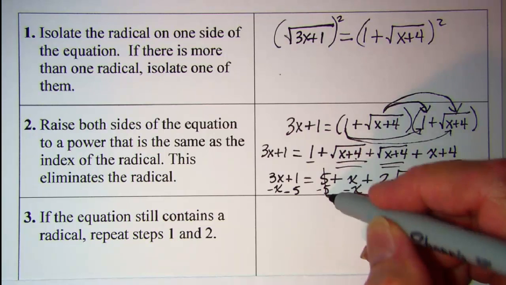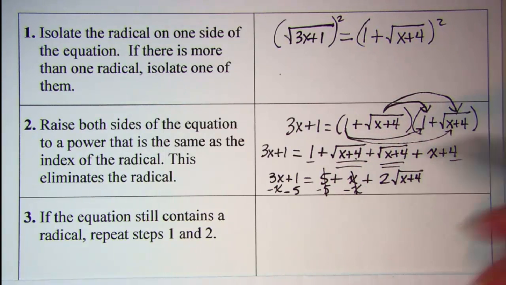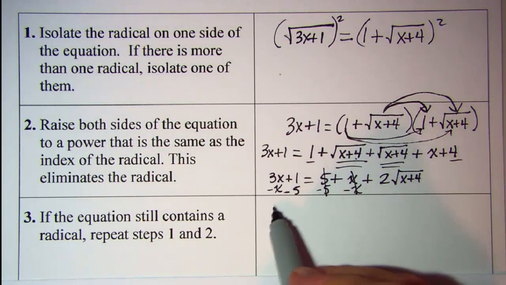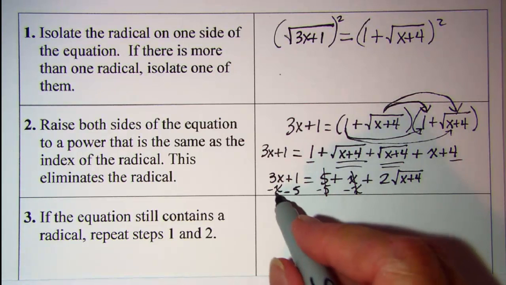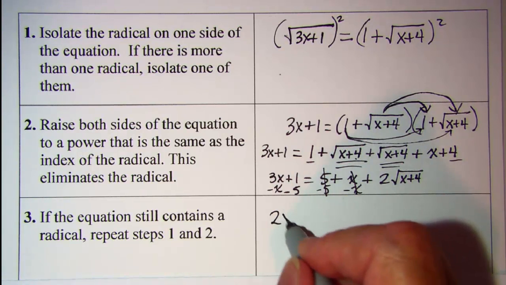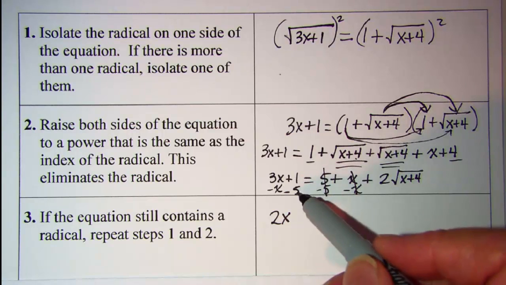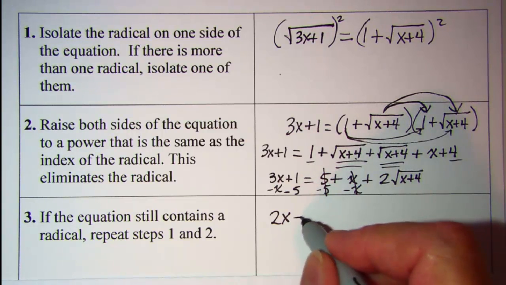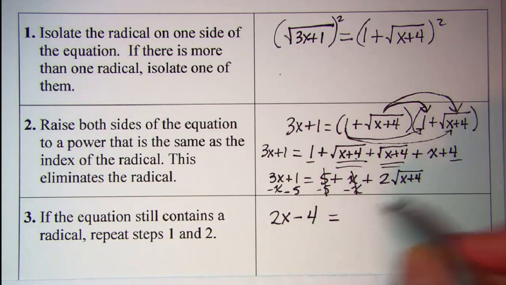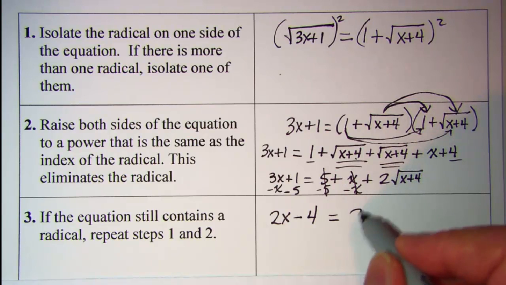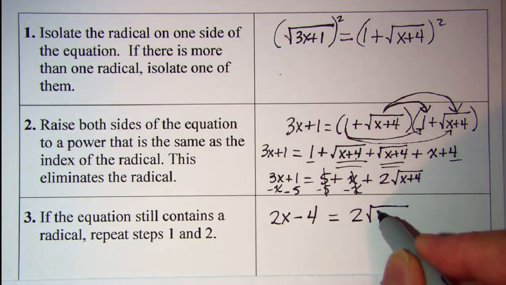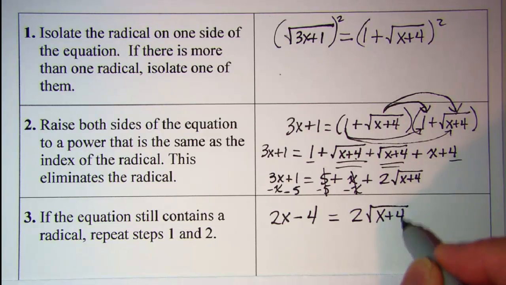So these cancel, and these cancel. And on the left, now I have 3x, subtract x is 2x. 1 subtract 5 is negative 4. Then on the right side I have 2 square roots of x plus 4.